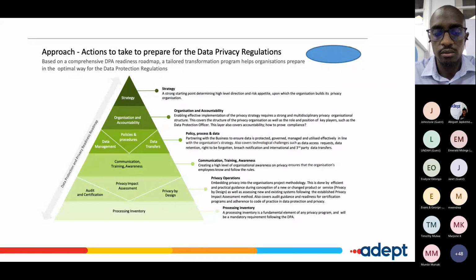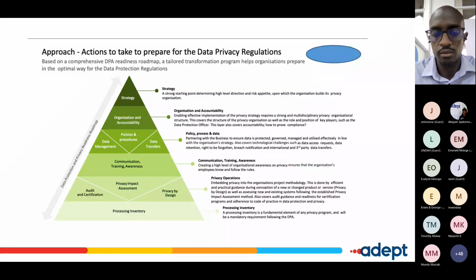Then there's also the part of organization and accountability. This is basically engaging everyone, the key players within the company, and making sure that the roles are very clear to ensure that data collected is processed in the right manner. Then there's the part of policy, processes, and data. This means the company coming up with policies that guide this data, and taking technical or organizational measures.